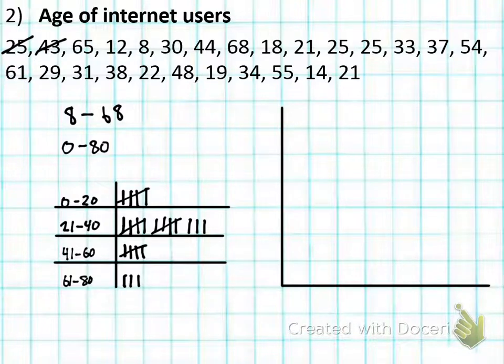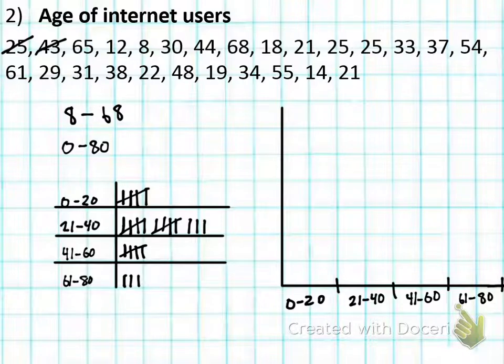We have 4 of them, so we put our intervals at the bottom, 0 through 20, then 21 through 40, 41 through 60. We're basically copying it here, and 61 through 80, okay?